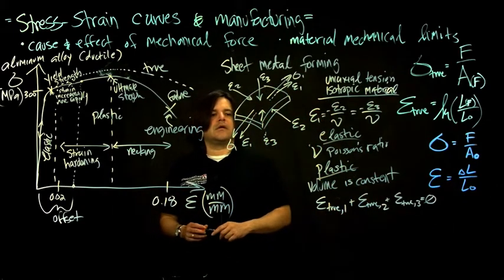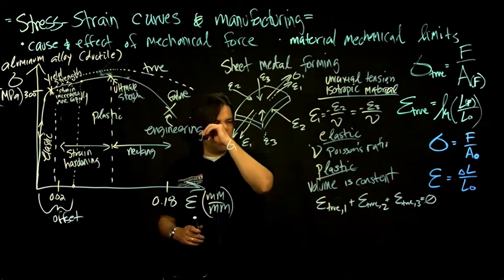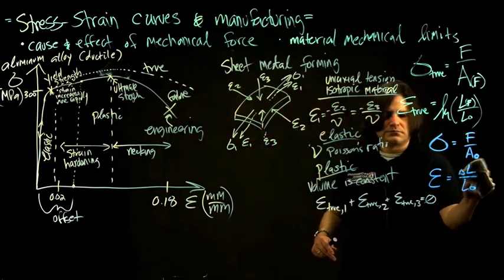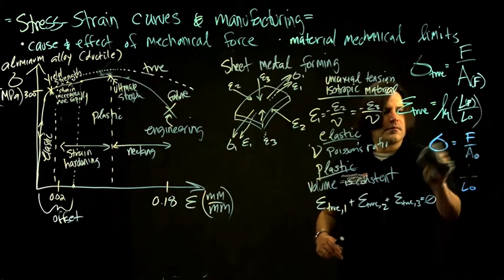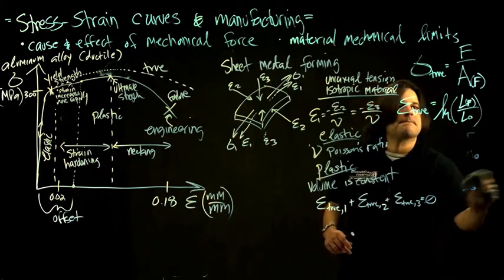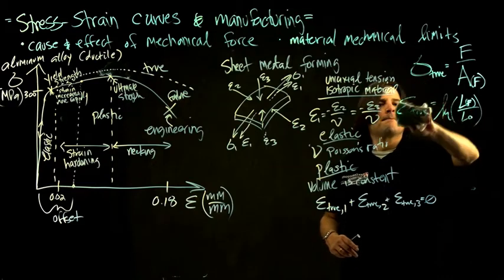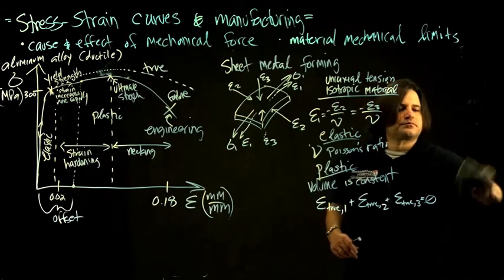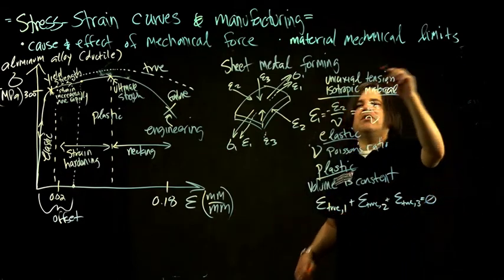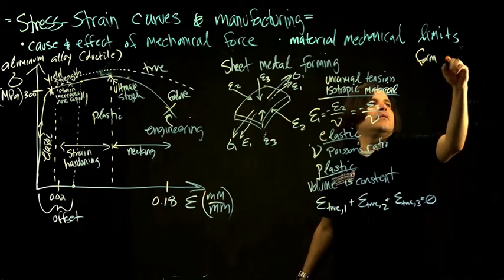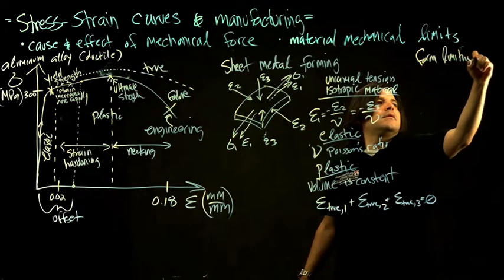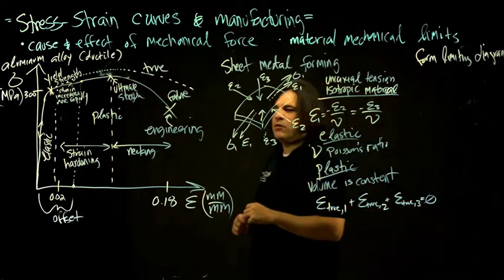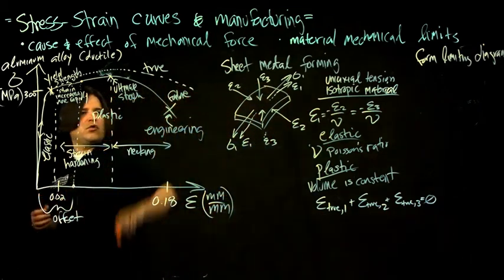And you can use these so-called form limiting diagrams. So for sheet metal forming, there's this form limiting diagram, which is good for both one and two dimensional, one curve or two curved deformed sheets.